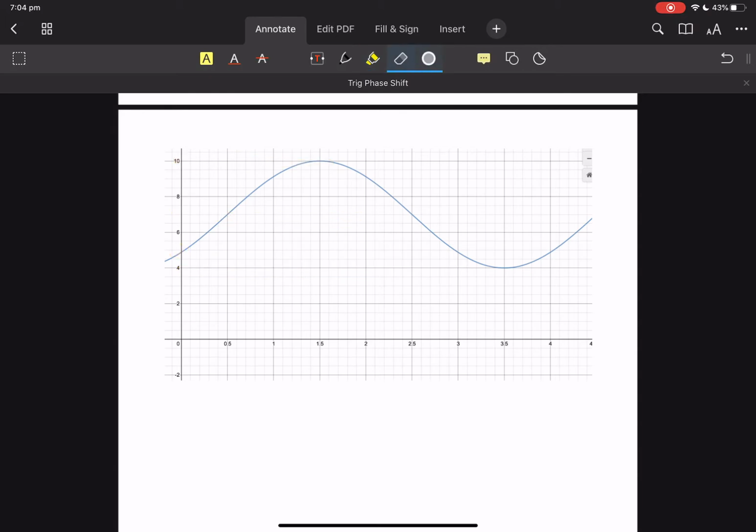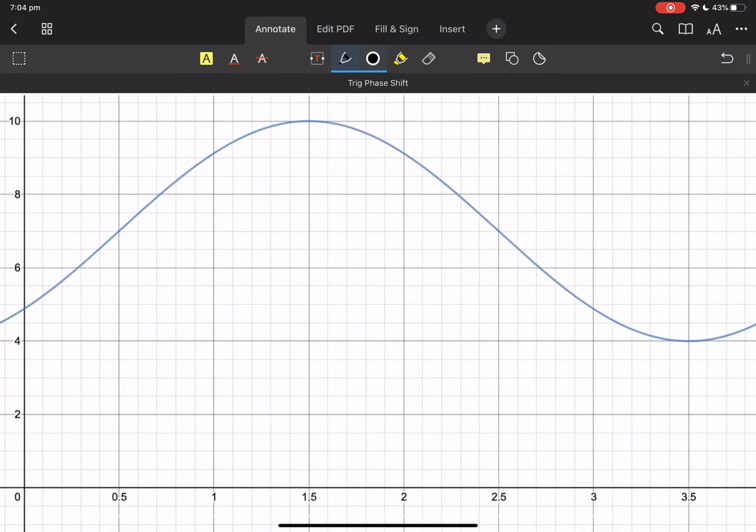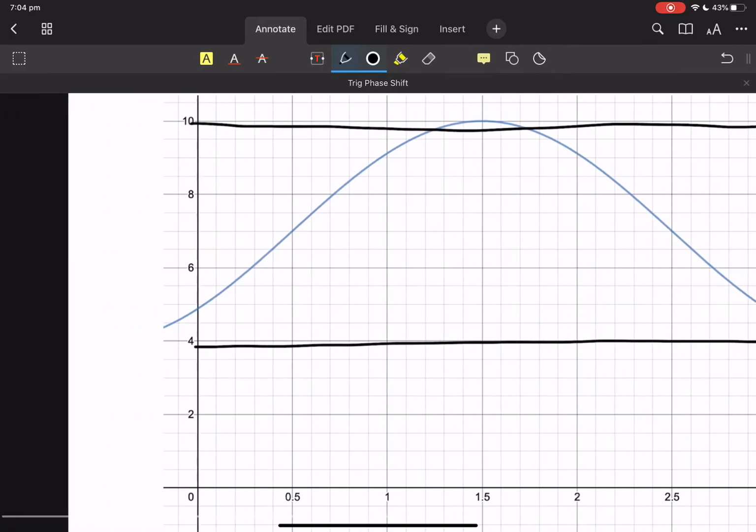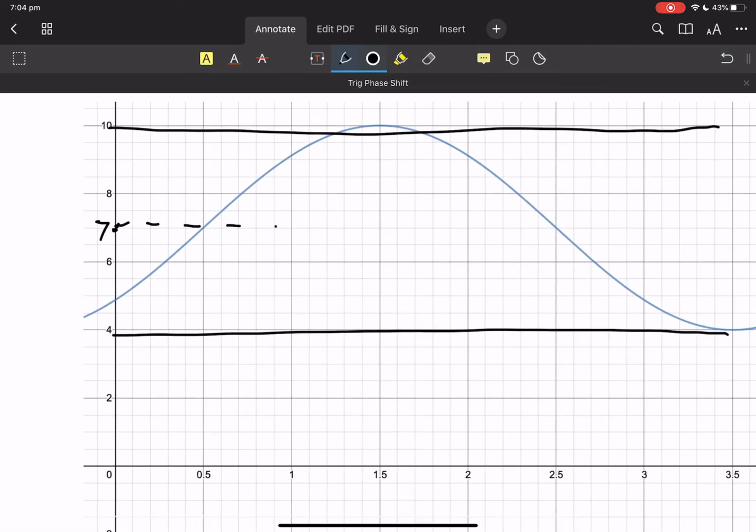That doesn't phase us at all. Let's just enlarge that. There's our bottom line, there's our top line. So we can see here that maximum's 10, minimum's 4. Where's halfway between 10 and 4? 7. So 7 is our centre of motion.